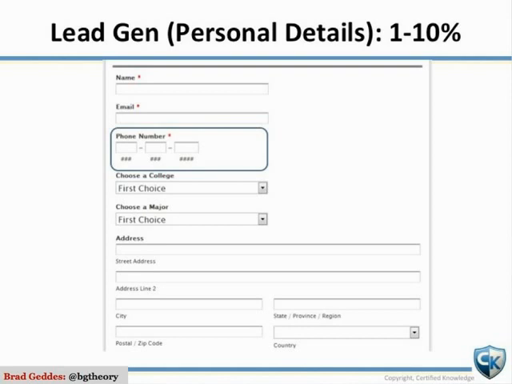As soon as you start asking for more information, you're going to get fewer leads, but they will be more qualified leads. So this is one of those big differences here where you may want to even just talk to your sales force or who has to deal with all the leads to see what you want more of, because you can't have both. You can't have lots of qualified leads. You either get lots and lots of leads, qualified and non, or you just get fewer qualified leads overall.